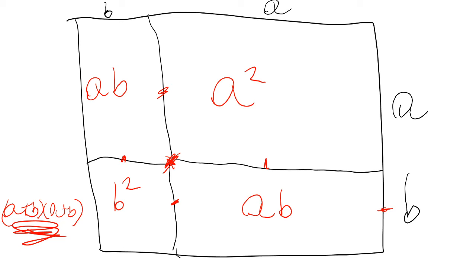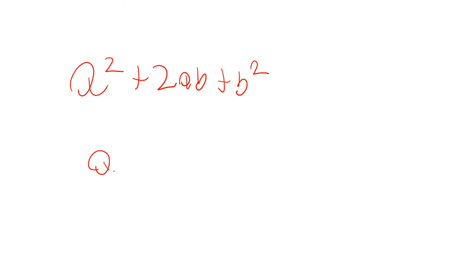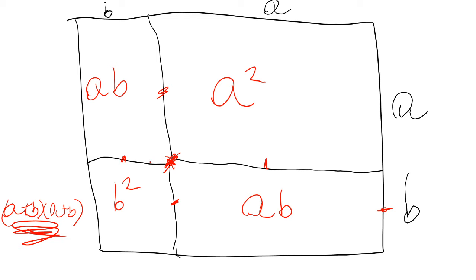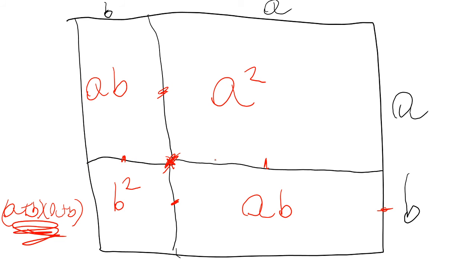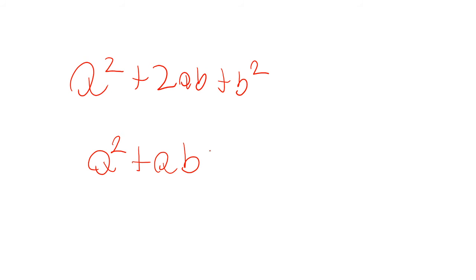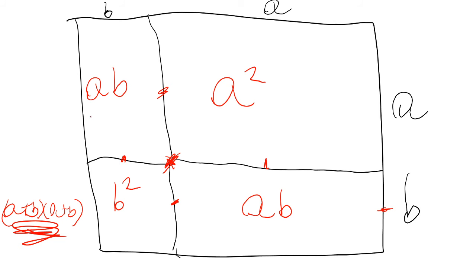Now, let's find the area of the square by just adding all of these areas up. If I add all of these areas up, I have a squared plus, I have an ab over here, plus a b squared, and then we have another ab right over here.